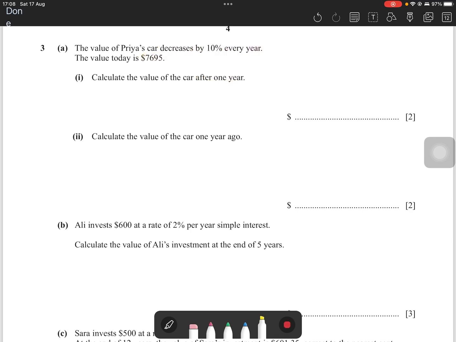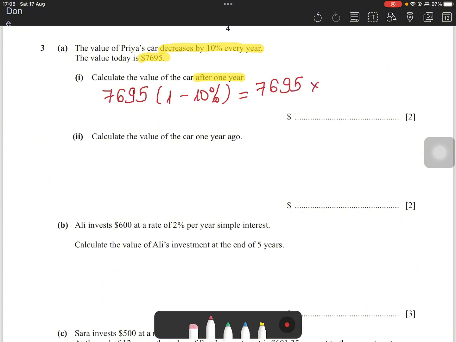After 1 year, it decreased by 10%, which means 7,695 multiplied by 1 subtract 10%. Or you can say that you multiply 7,695 by, at the beginning it is 100% and now it decreased by 10%, so it is only 90% now. So the answer for this is $6,925.50.